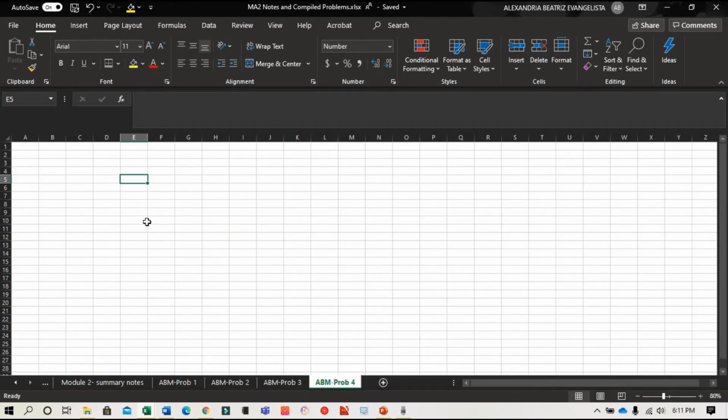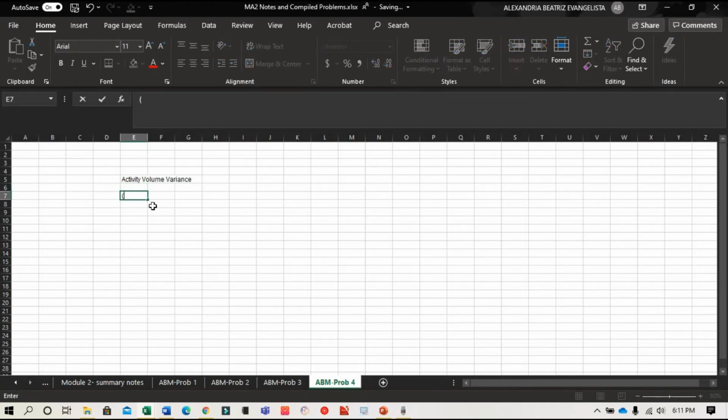So now let's try to solve problem number 4. Activity volume variance. So let's first multiply the SP and SQ, which are the problem that is 0 multiplied by 12.